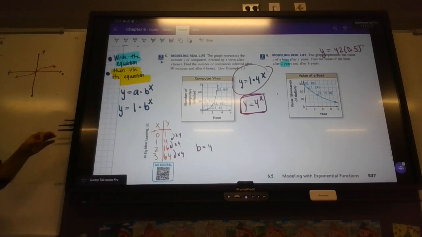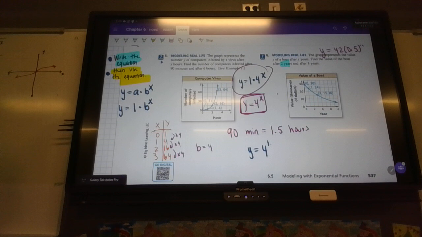How many hours is 90 minutes? 1 hour 30 minutes, so 90 minutes would be 1.5 hours. So for 90 minutes, it would be 4 to the 1.5 power.